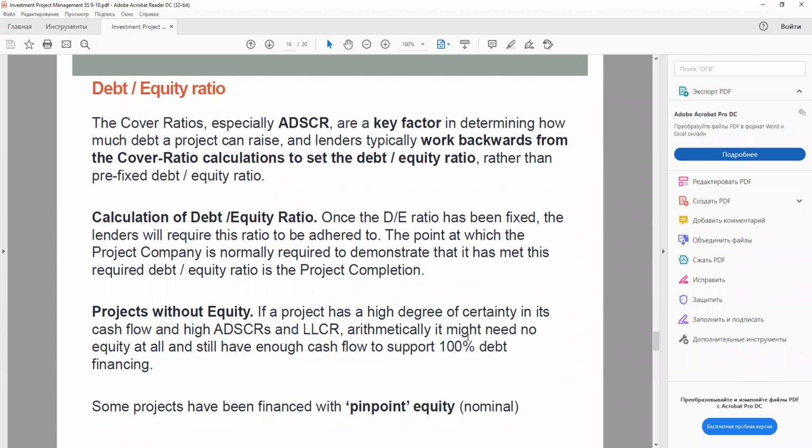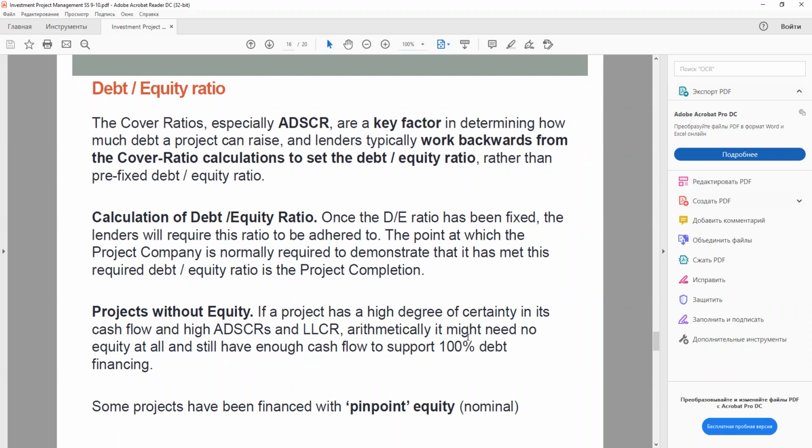For example, 90-10 for accommodation-based contracts, 85-15 for a process plant project with an offtake contract, 80-20 for a transport concession, and I should say that those were really the figures I had in my public transportation project. 70 to 30 for a merchant power plant project with no offtake contract or price hedging, which is some average for the market now, and 50 to 50 for a natural resources project.